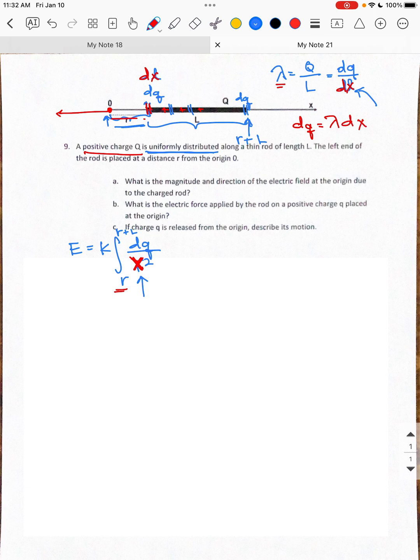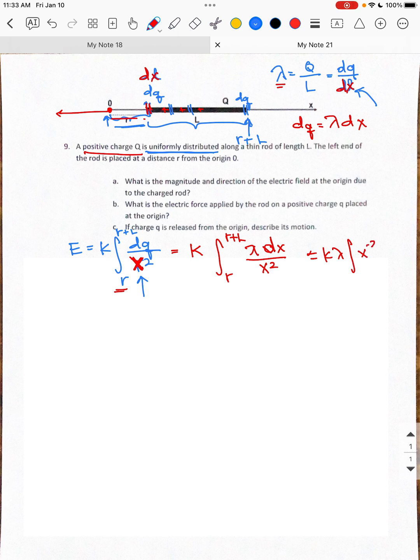And so now I'm going to go in and substitute the integral from r to r plus L. My dq is lambda dx over x squared, and the lambda is a constant, so I can write it out as k lambda, the integral of dx over x squared.